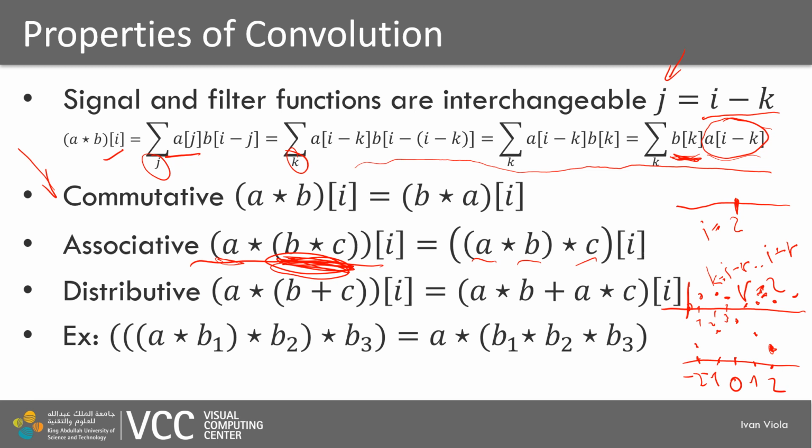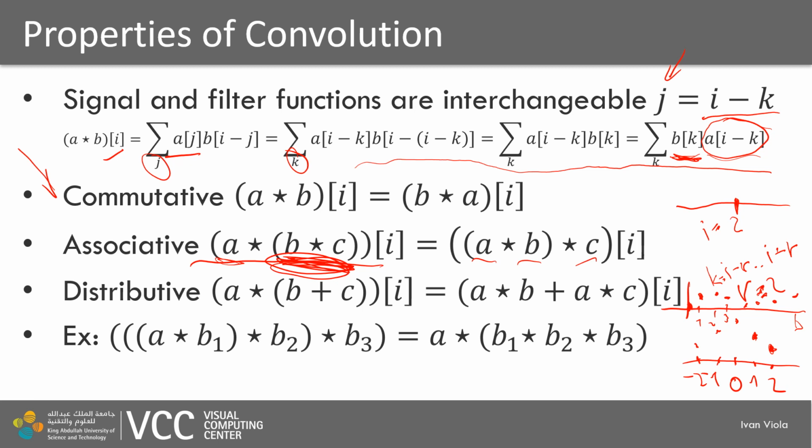If we have this situation here, we can see that the leftmost sample is multiplied with the rightmost value of our filter kernel. And then we will have B1, and it will be multiplied with the filter kernel value 1.